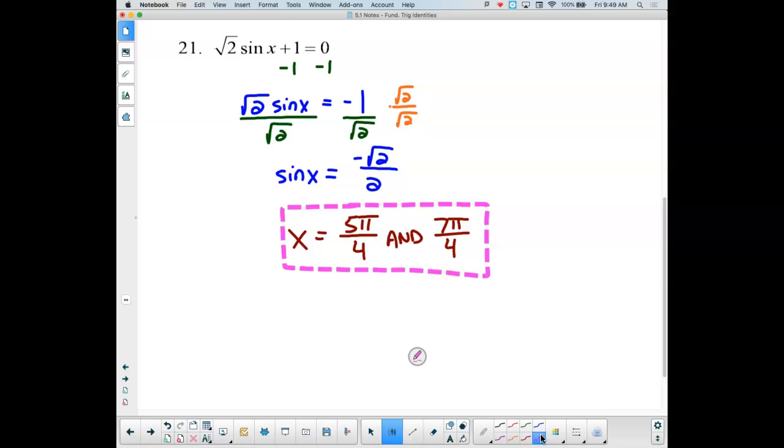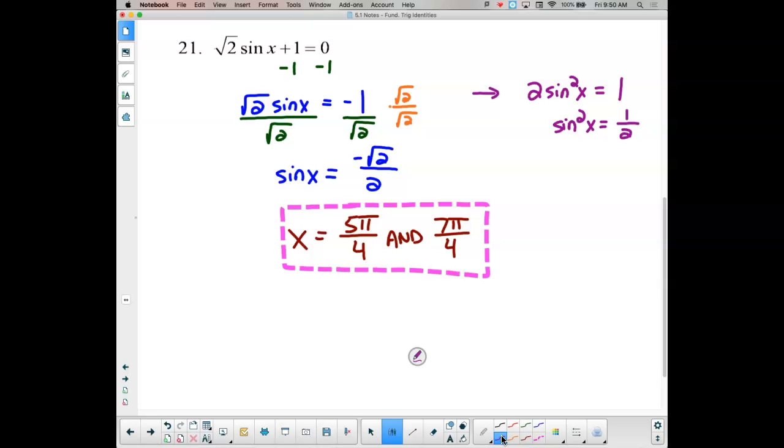Okay. Logan, I'm going to use you as an example. You squared over here. Right? So then you got 2 sine squared of x equals positive 1. Right? Then you divided by 2, or should have divided by 2, and gotten sine squared of x equals 1/2.